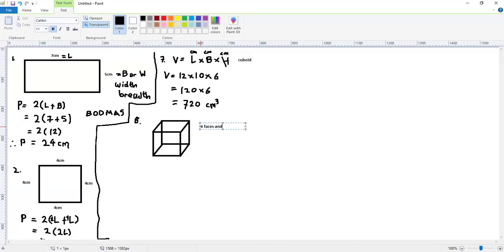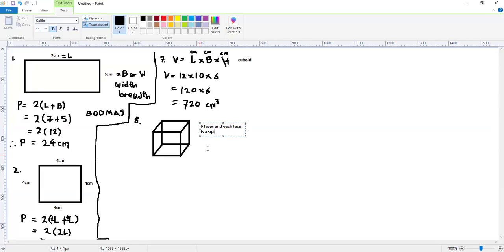and each of them, and each face is a square.